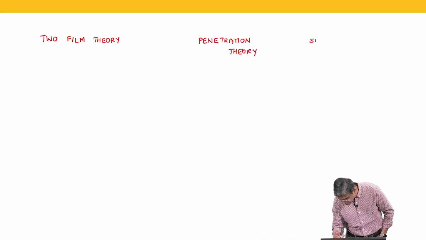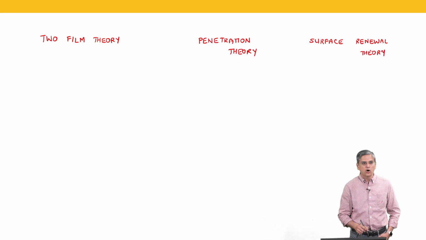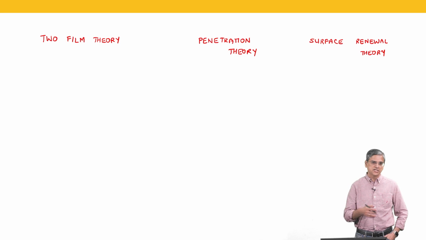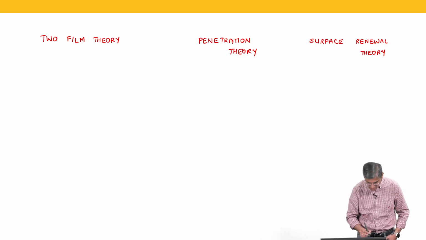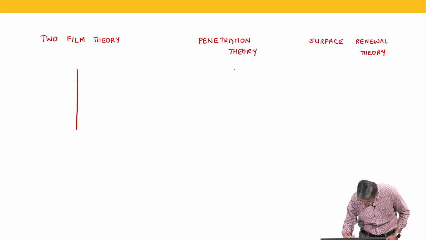And the third one is the surface renewal theory. All of these theories treat the interface and the interaction across the interface slightly differently. The 2 film theory, the way it, so this is the interface.